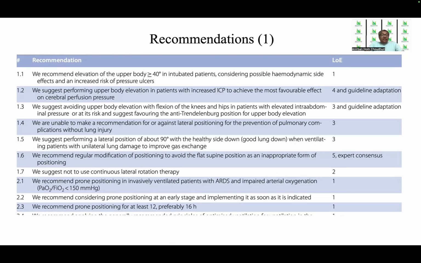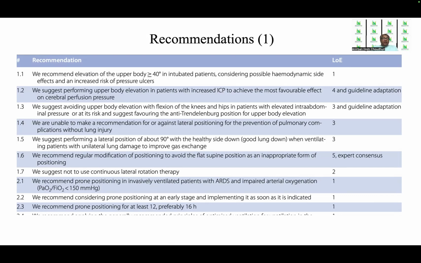The guidelines suggest avoiding upper body elevation with flexion of the knees and hips in patients with elevated intra-abdominal pressure as it is a risk, and suggest favoring the anti-Trendelenburg position for upper body elevation. This is also a level of 3, and guideline adaptation has also included this point.